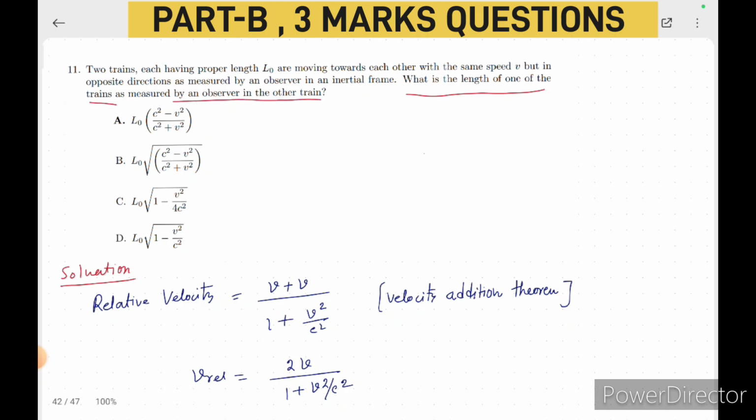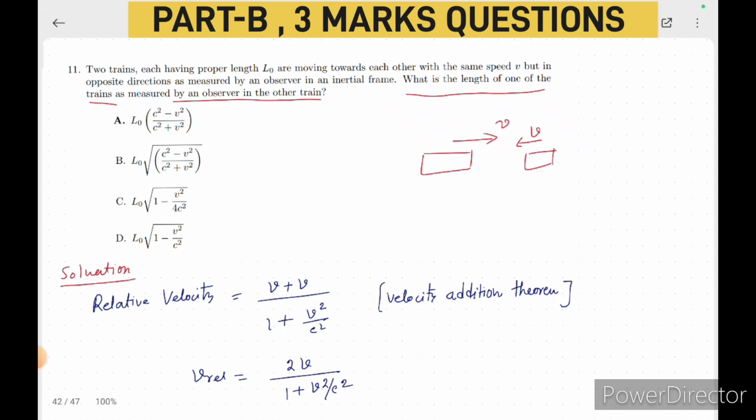Actually there are two trains. One train is moving with velocity v, another train is moving with velocity v in the opposite direction. We are trying to calculate the length of one of the trains.